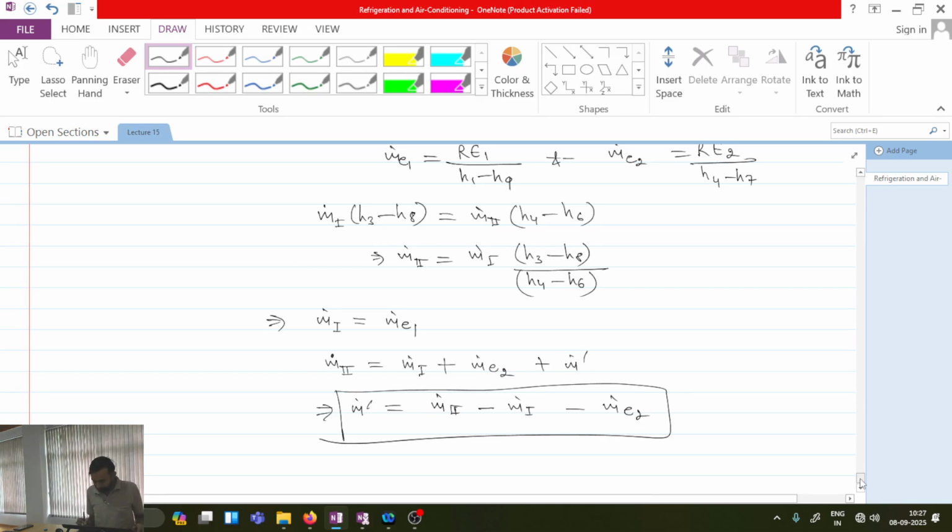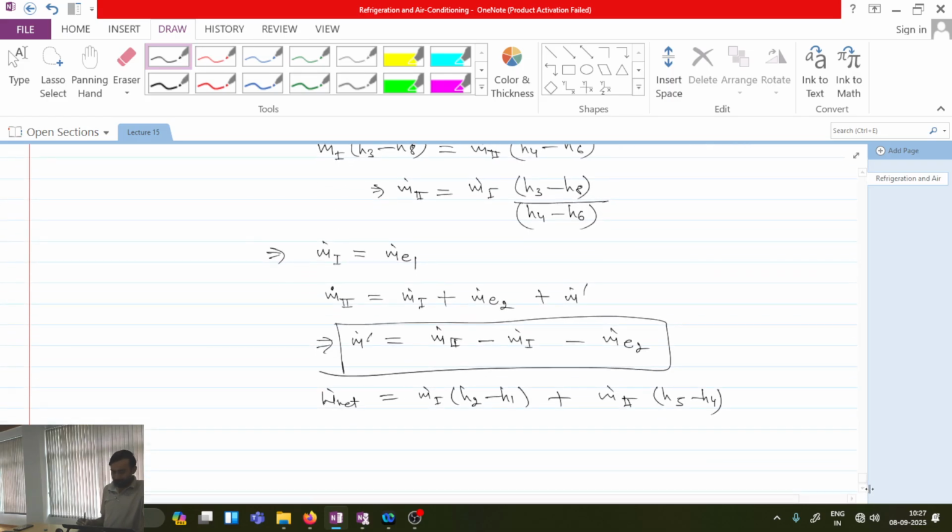Now what will be the work done? The net amount of work done will be m dot 1 into H2 minus H1 plus H5 minus H4.